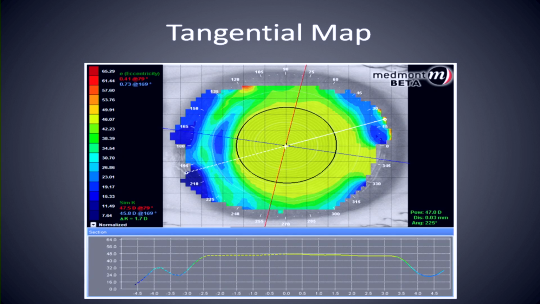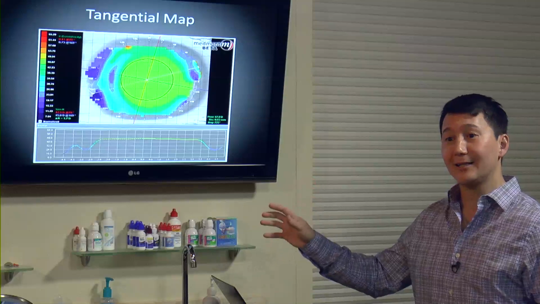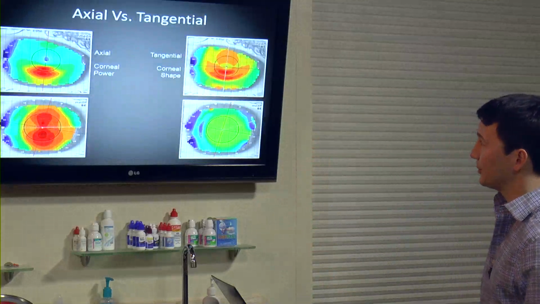But when you pull up the tangential map after that refit, you can see where your lens lands. That tangential map is very sensitive to those finite points of pressure. And this is normal. Our GPs sit on the cornea, they create some mechanical pressure, but the point is, use your tangential map when you're interested in how my lens is affecting corneal shape. Use the axial map when you want to relate the shape to refraction.